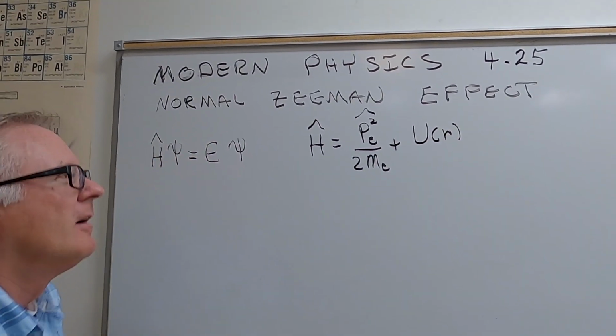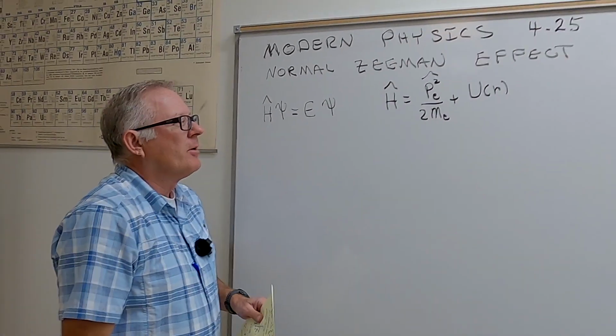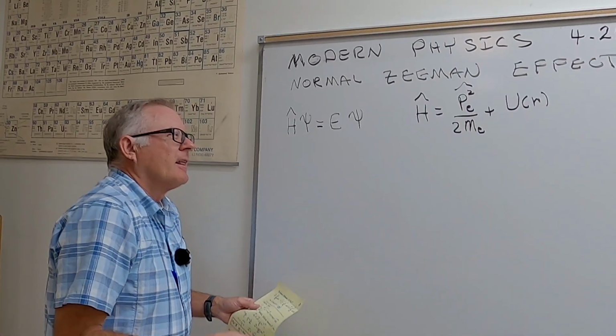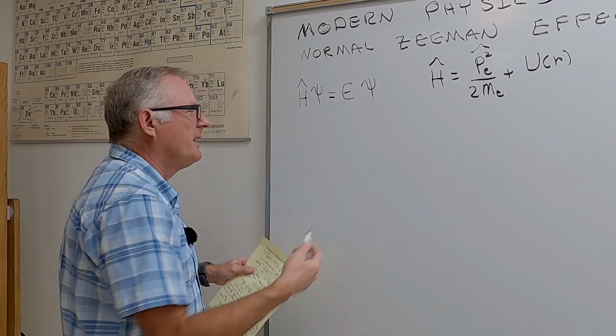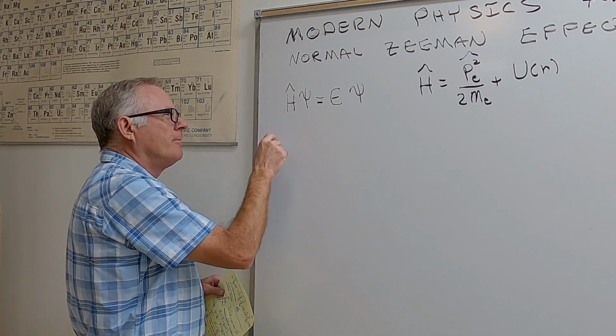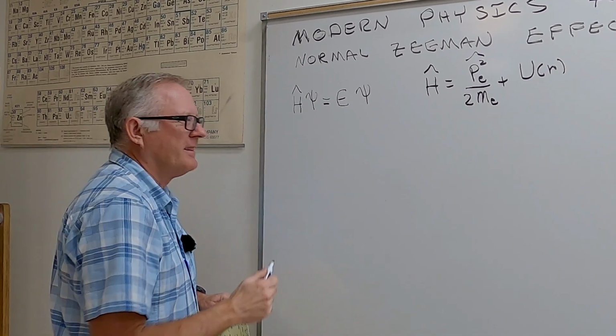There was our energy operator. But remember, the proton does move. Remember when we did the Bohr atom, it's the center of mass of the proton and electron that's not moving.